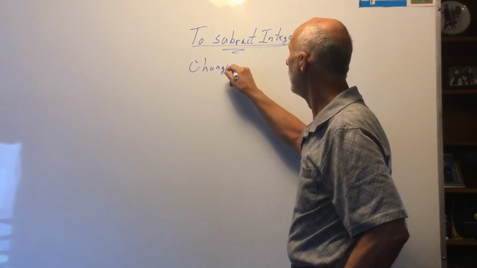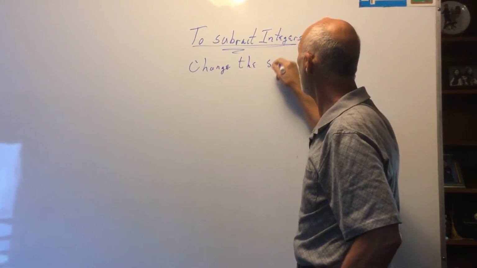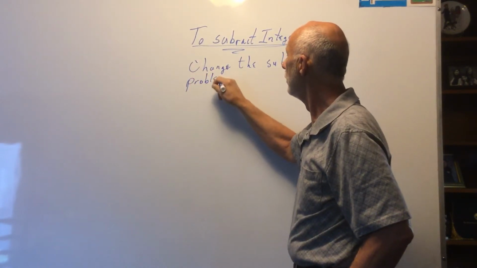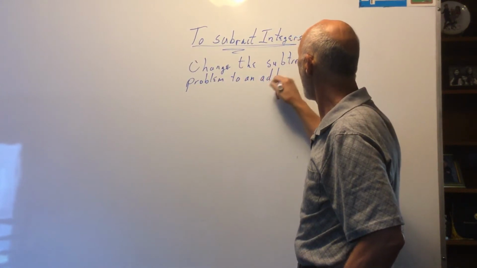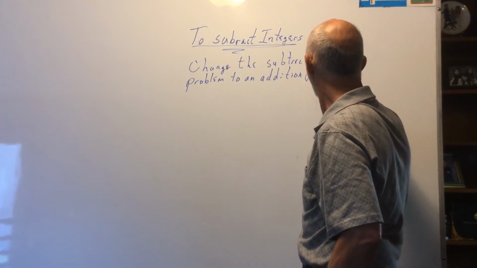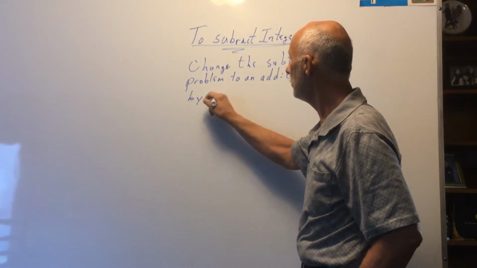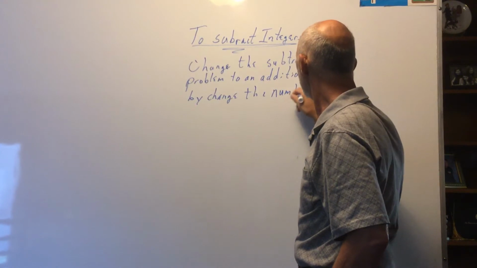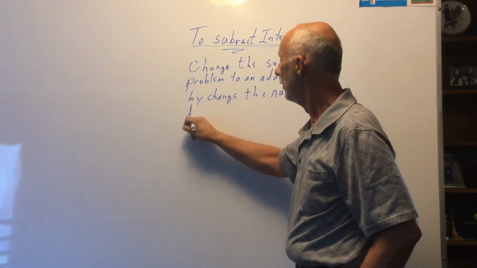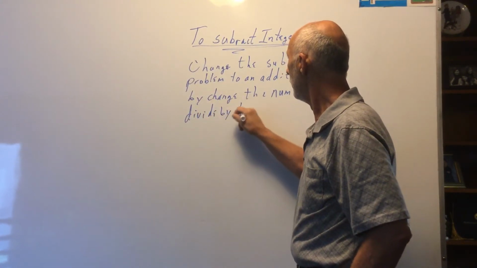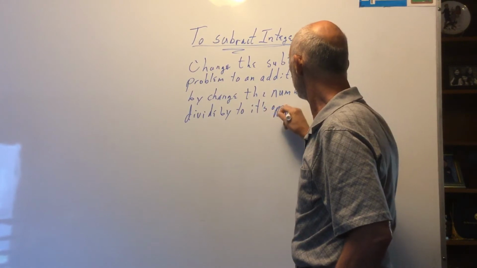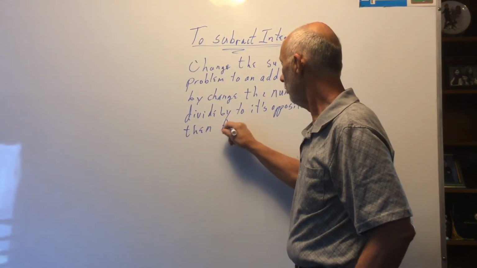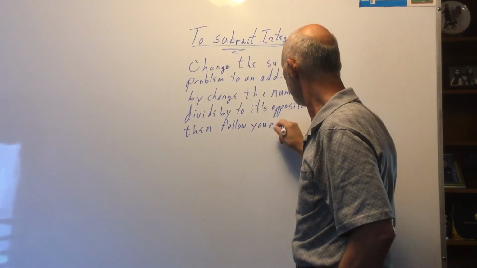Change the subtraction problem to an addition problem by changing the number you subtract to its opposite, and then follow your addition rules.